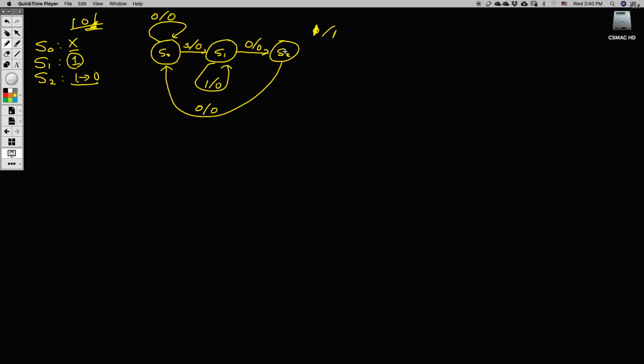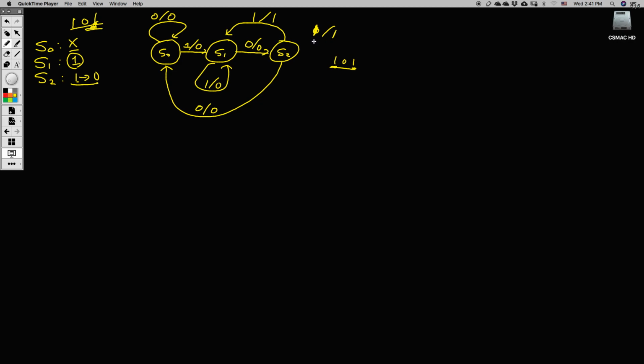Then which state should I go to? At this moment I have a 1 and then another 1 received, so this one could be the beginning of the pattern as well. So make a transition to state 1, the beginning of the pattern, and output is 1. The new 1 just received is the beginning of a next pattern.